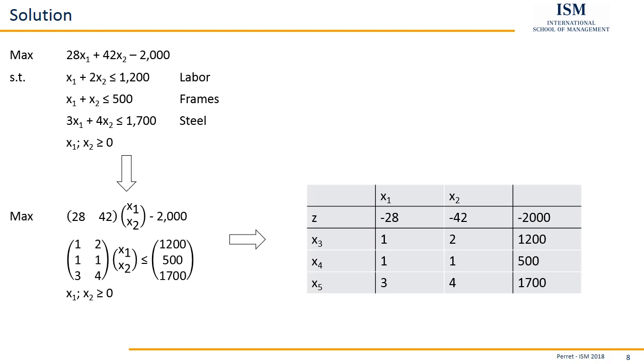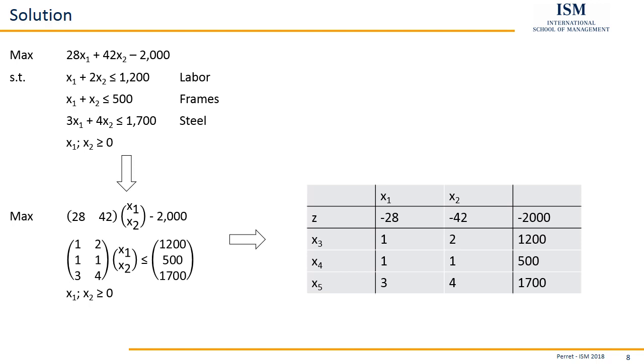And finally, in the rightmost column, we copy for the objective function any fixed costs, any fixed values, so everything which is not dependent on x1 and x2. And for all the constraints, we copy the right-hand side.